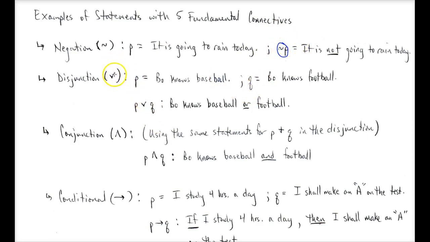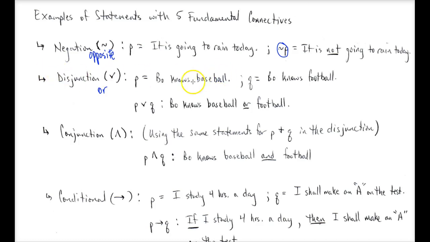Now, a disjunction, again, is like an or statement, whereas a negation is like an opposite. So with the or statement, let me rephrase that, as long as we know that at least one of the two single statements in our compound statement is going to be true, then everything else is true.